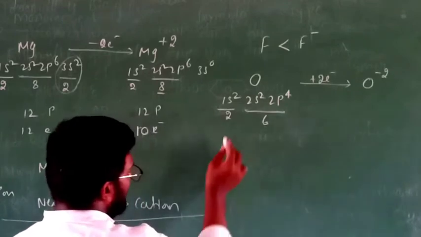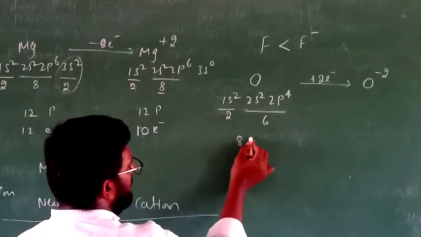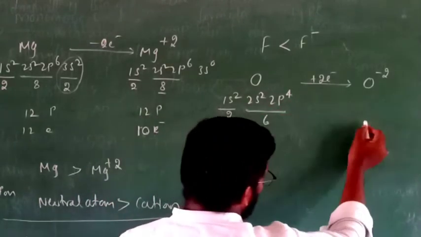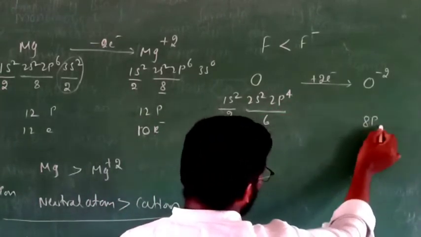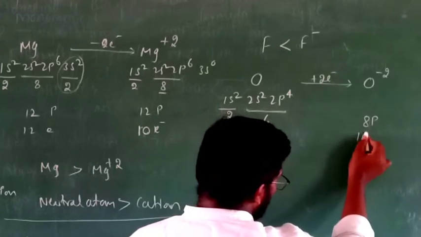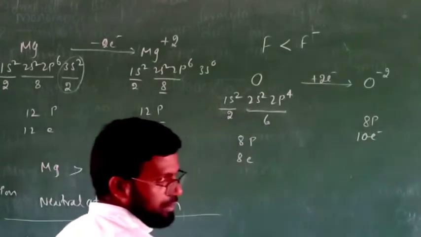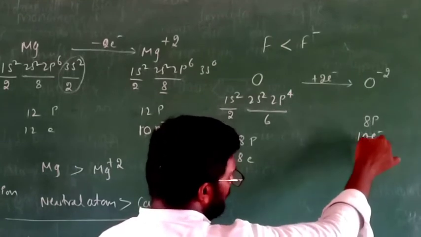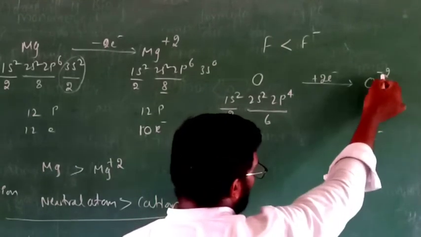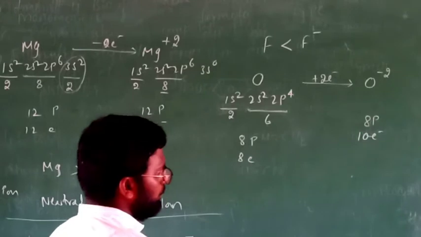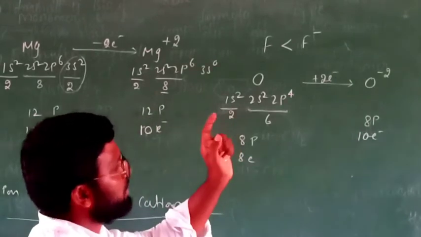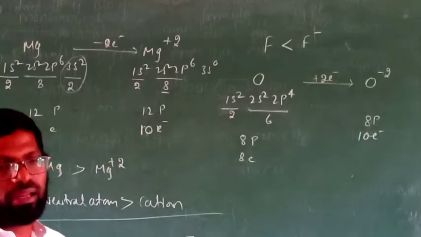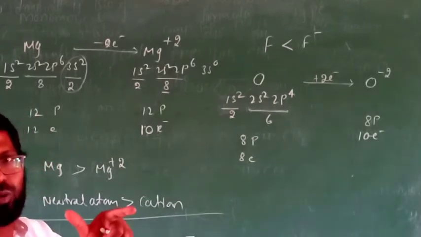Since its atomic number is 8, it has 8 protons and 8 electrons. After gaining 2 electrons, there will be no change in the number of protons, but the number of electrons becomes 10. That means the number of electrons is greater by 2 units, so we have mentioned -2. When the number of electrons becomes more, the nuclear force of attraction reduces and the size of the atom becomes more.